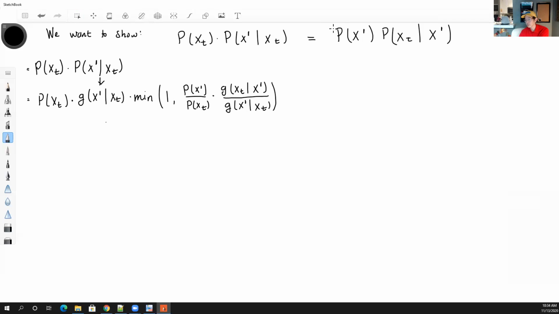All right, is this okay? All I've done is that the transition probability is equal to the value being proposed multiplied by its acceptance probability, and the acceptance probability is the min of 1 and this thing.